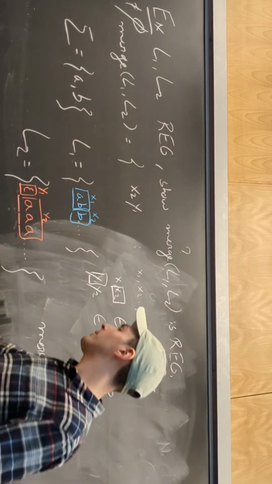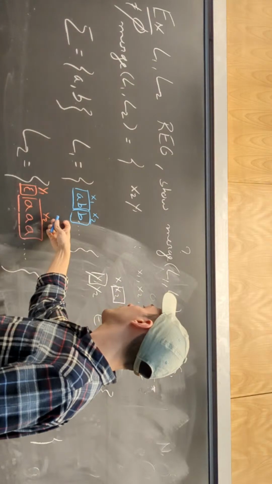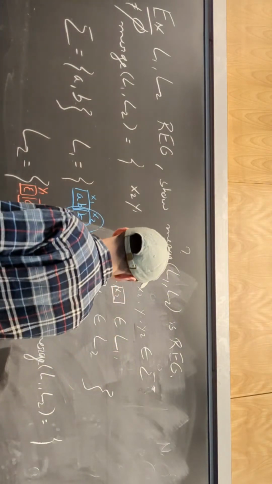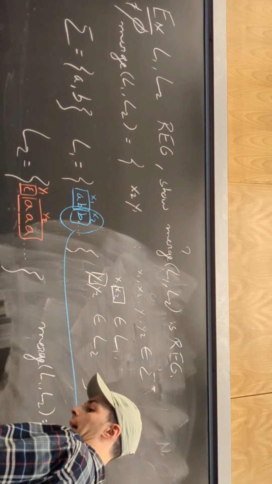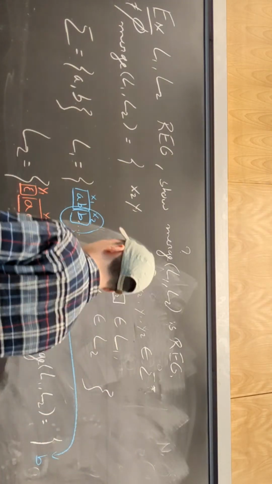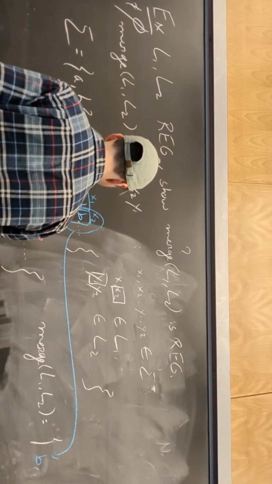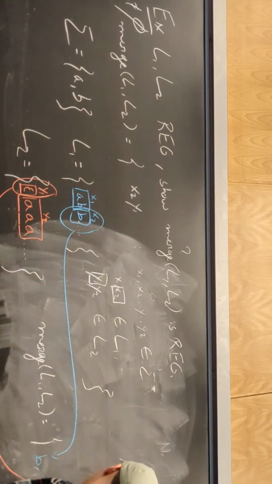Well, I would have the second part of this string, so B, and the first part of this string, so epsilon. Okay? So this would be an example of a string in merge L1, L2.